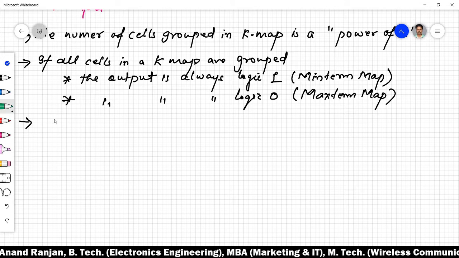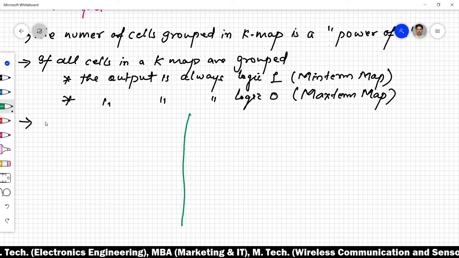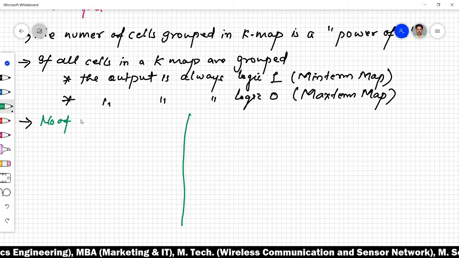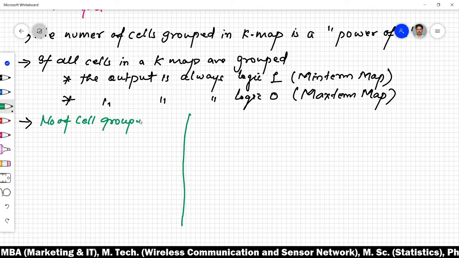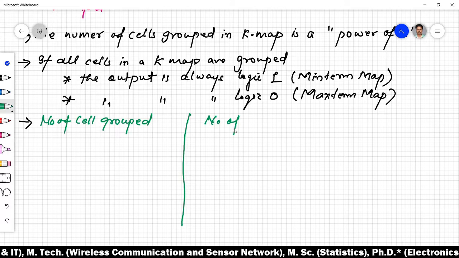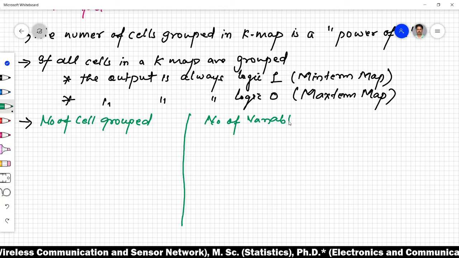Let me take this two column table in which on one side I am writing the number of cells grouped and on the other the number of variables eliminated.